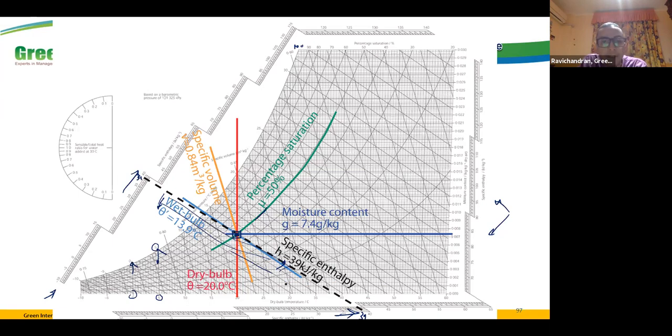So this is the value for enthalpy for this point. Clear now? Any question?